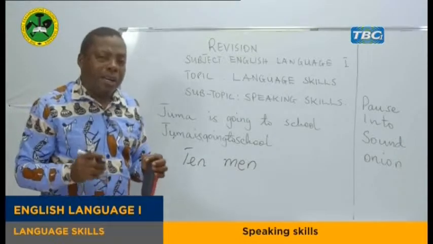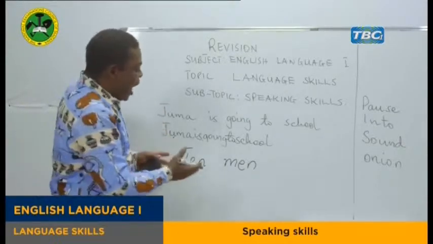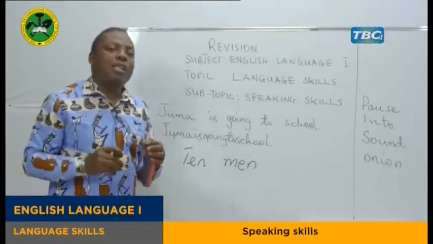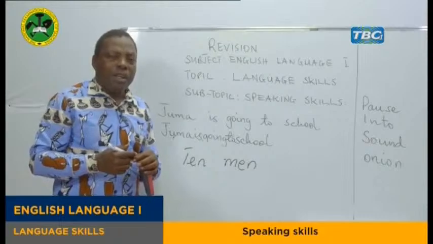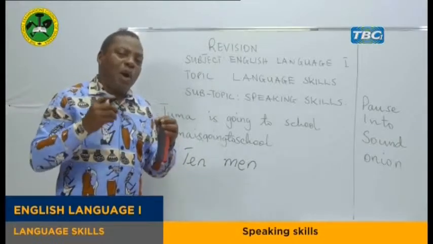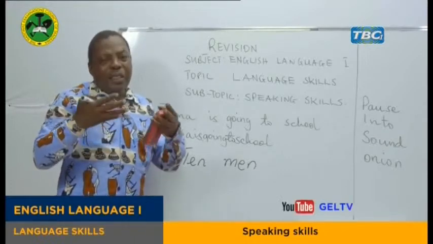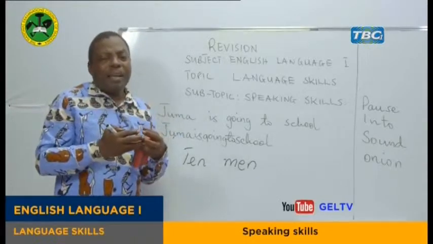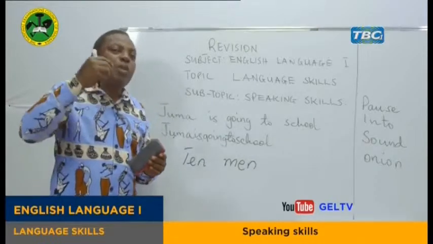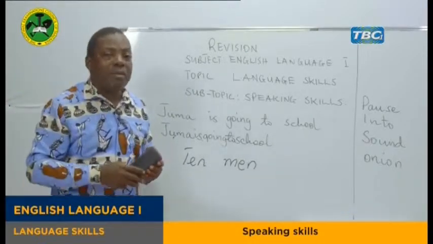Now in speaking, sounds are spoken by different organs of speech. So there are sounds which, when they are spoken, the organs of speech that are used are close by, such that when one sound is spoken, it tends to have a quality of the other sound.